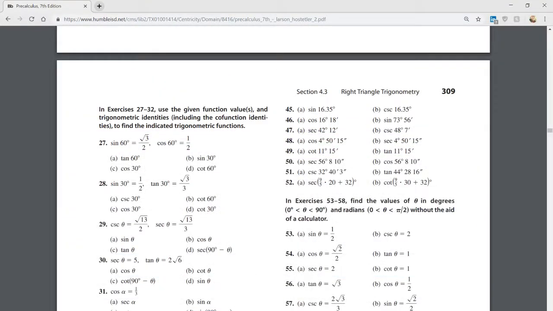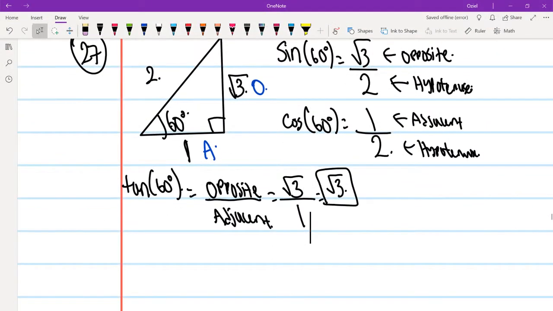And then it's asking, what's sine of 30 degrees? So now we're involving 30 degrees on here. So part B, this is part A. Part B is asking what's sine of 30 degrees.